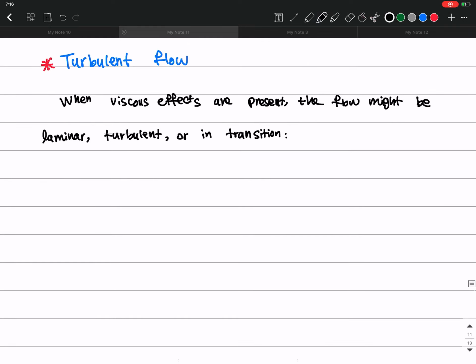Okay. So let me show this to you. What is the difference actually between these forms, laminar, turbulent, or in transition to turbulence.